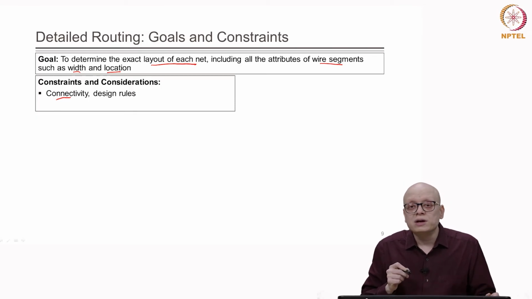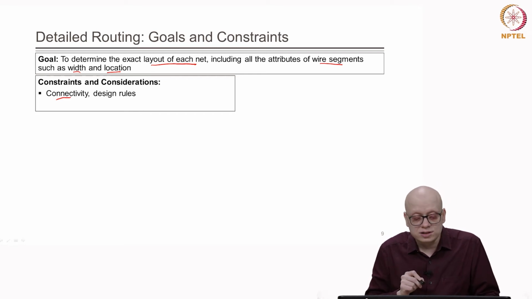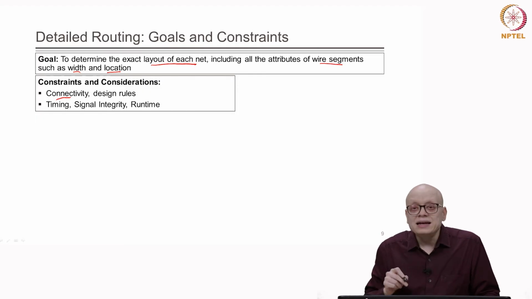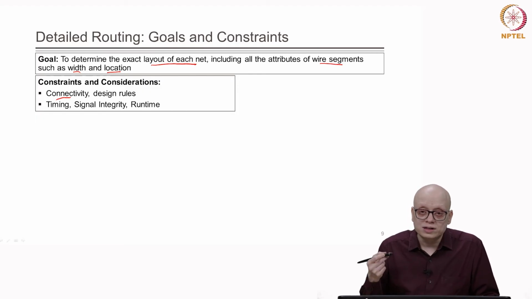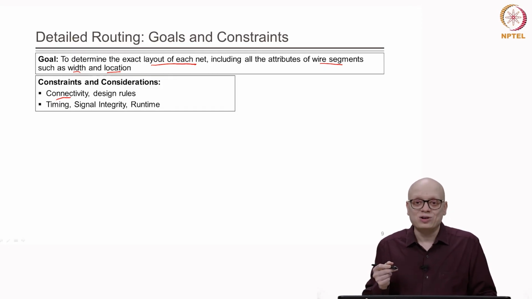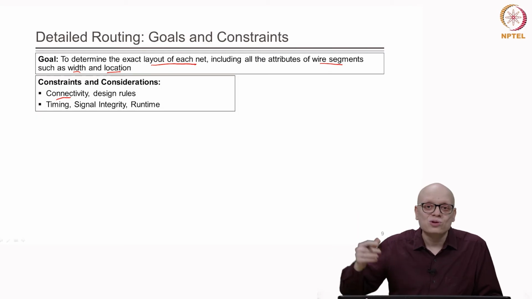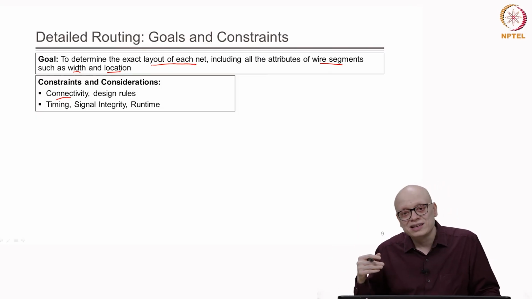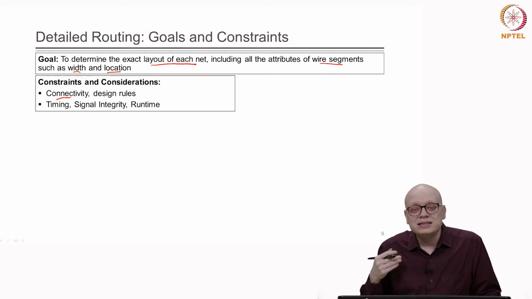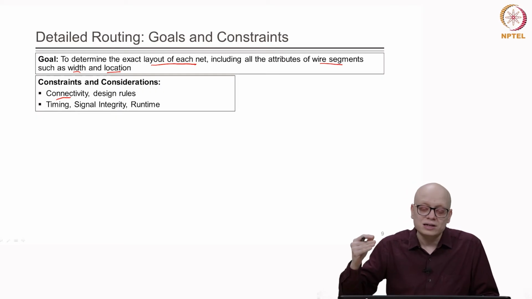So, those will be coming in from the foundry, and the detailed router must consider the design rules. And in addition to that, it must look into the timing constraints, the signal integrity issues, and of course, the runtime, right, because the runtime of detailed routing is very important, because typically it takes very large runtime, and therefore, using some techniques, for example, multi-threading and others, the detailed router tries to control or keep its runtime lower.